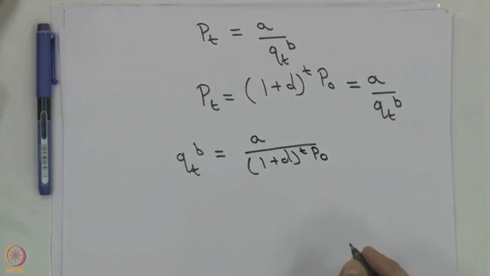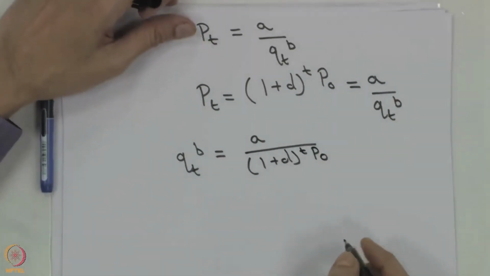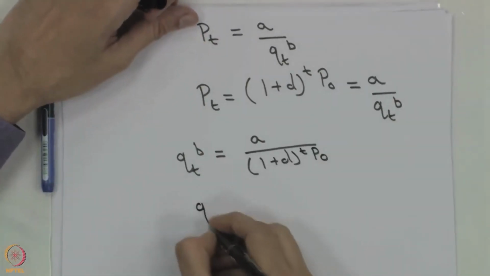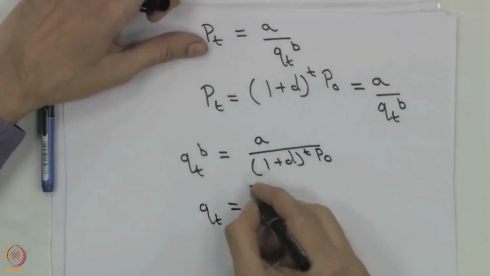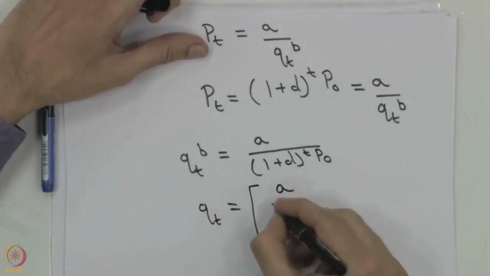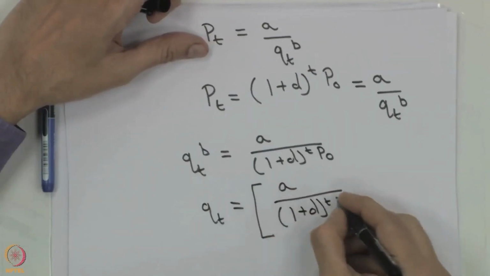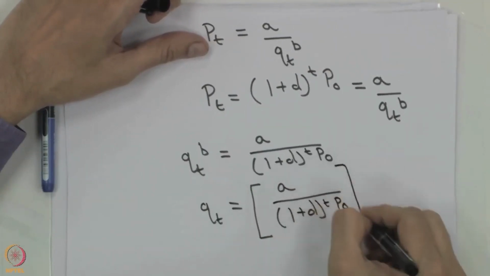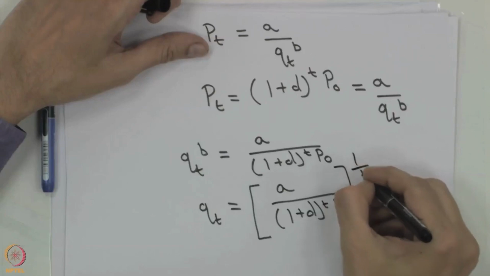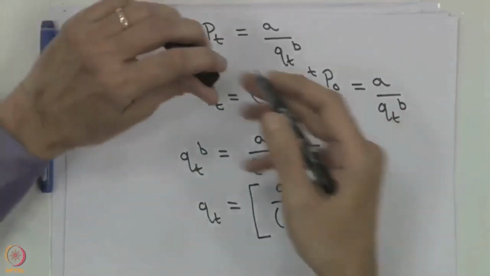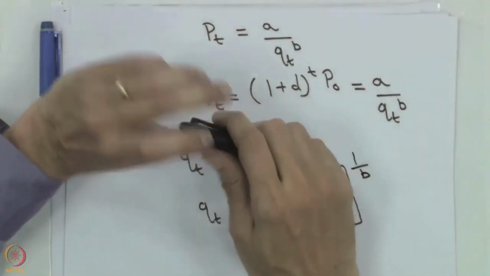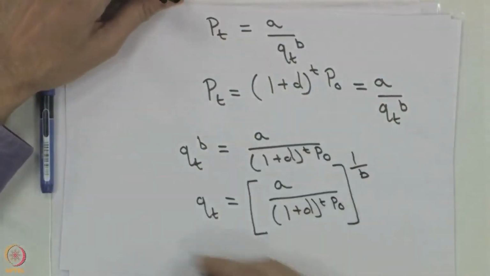So, Qt can be written as A by (1 plus d) raised to t p0, all raised to 1 by B. So, this is an expression that we have now for Qt.